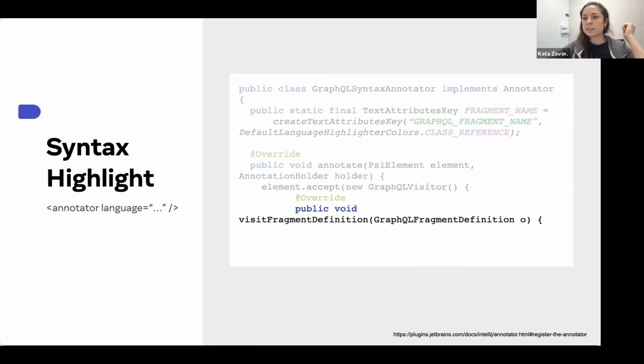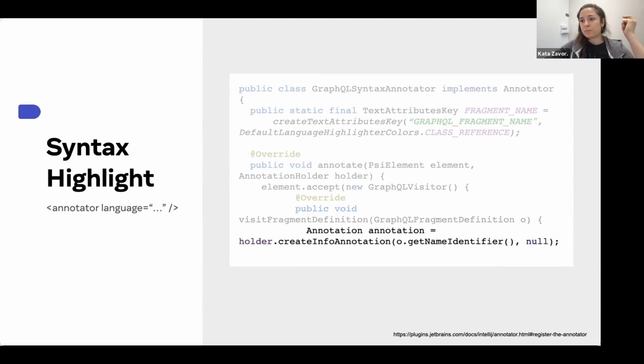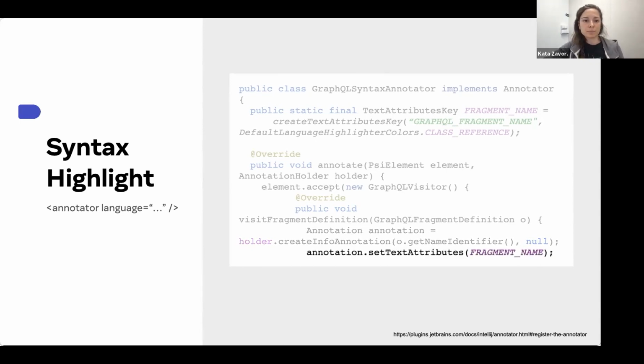So in this example, it will have the method to override visitFragmentDefinition. Holder methods, so how we populate this holder, calling its methods, will return an annotation object which may be formatted with text attributes. This annotation object also allows attaching actions to it. I will not stop on annotation actions for now. JetBrains documentation contains more examples on this topic if you're interested.